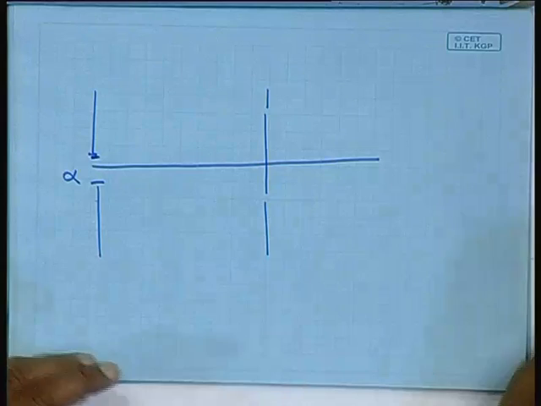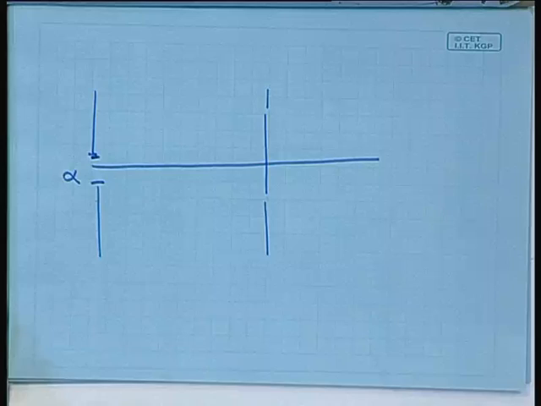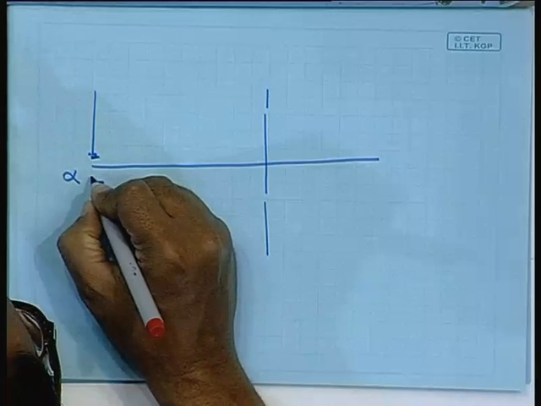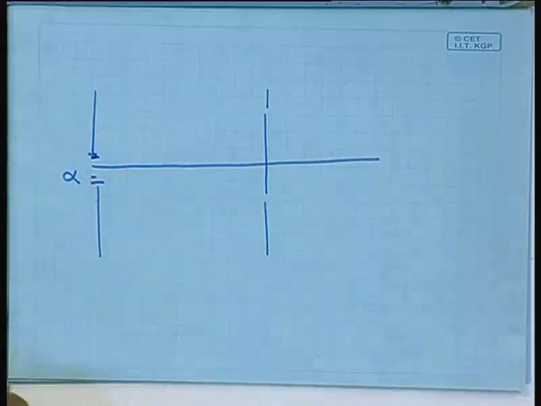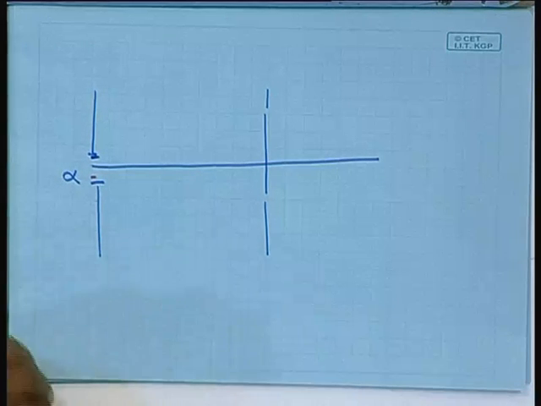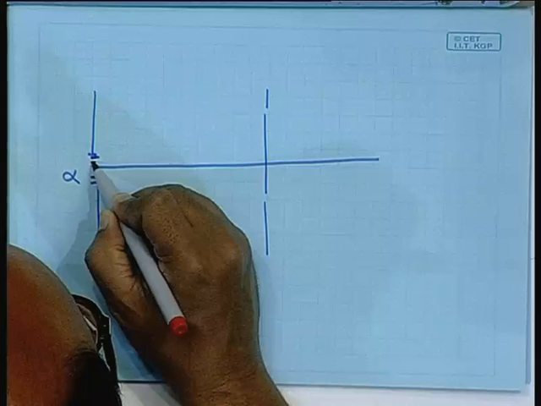Now, recollect that we had modeled our source in the following fashion. We had assumed that each point on the source is an incoherent point source. So, each point acts like an incoherent source. So, the wave that is emitted from this point does not interfere with the wave that is emitted from a different point.